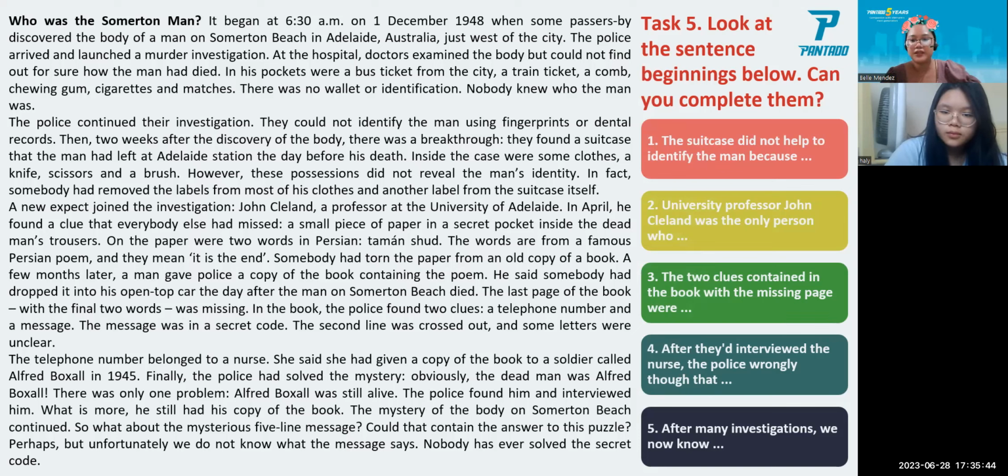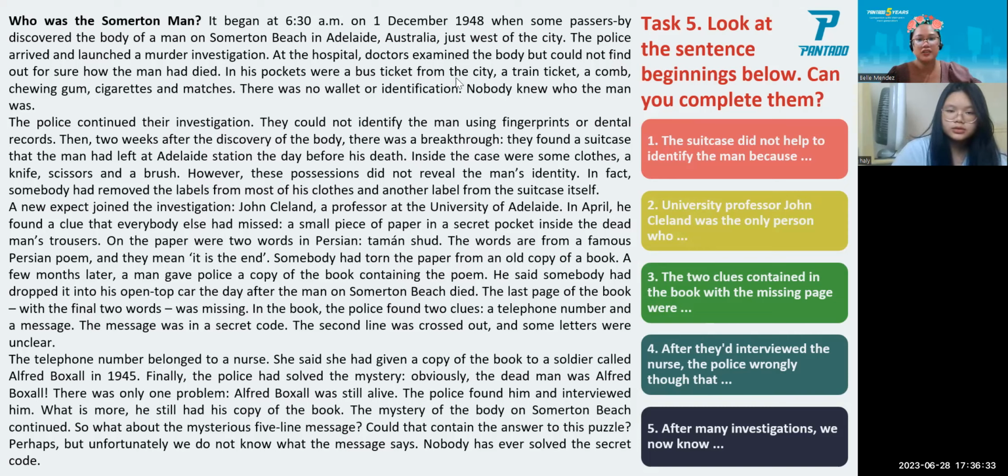The suitcase did not help identify the man because... it did not reveal the man's identity.